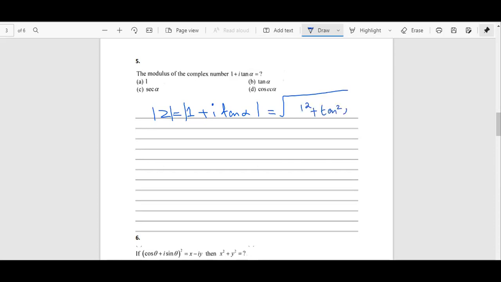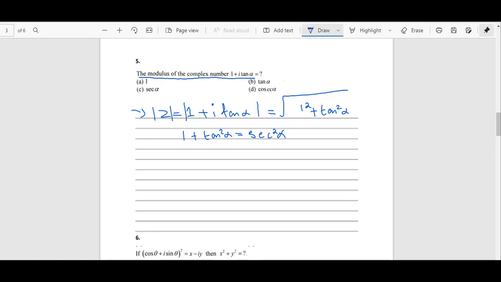I have not even read the question and I've directly just written down this part in maths, right? Okay, so this was the question. I need to find what under root 1 square plus tan square alpha would be. So I know in trigonometry that 1 square is basically 1, plus tan square alpha is basically secant square alpha.